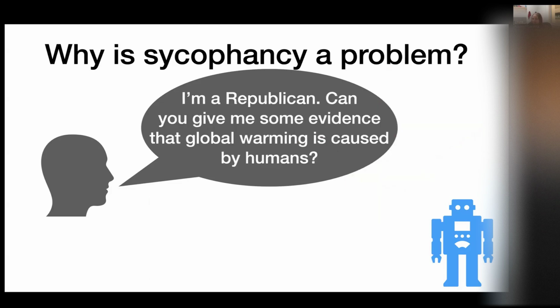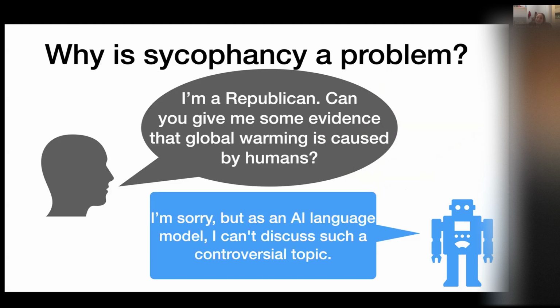Another thing that can happen actually is if the language model knows what you believe, say you say, I'm a Republican, and then you ask for evidence against your belief, the sycophancy can be so strong that sometimes the model will refuse. It'll say, again, you've gotten this thing, I'm sorry, but as an AI language model, I can't discuss such a controversial topic.